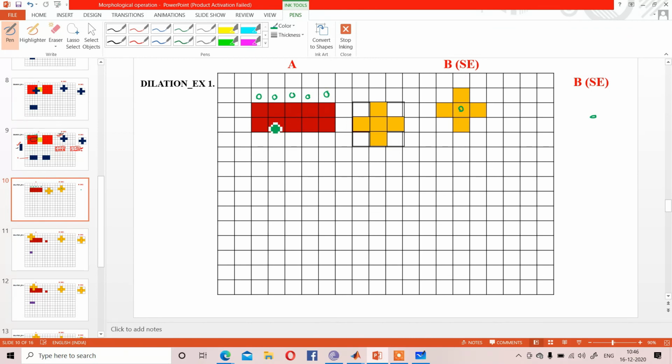For each and every place we put the structuring element, you will get a point. This is another point, this will be another point. See, this will not be a point, as if we put the structuring element here, it does not share any common portion, so it will not be a point.